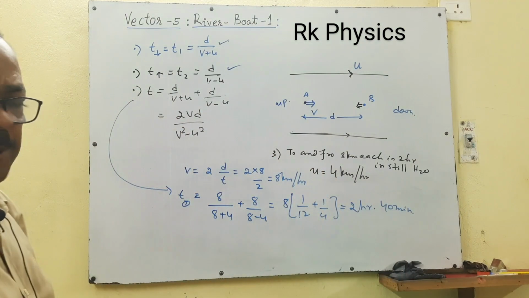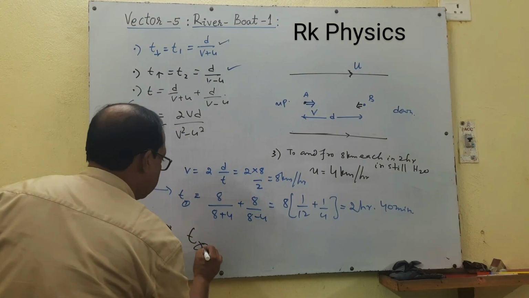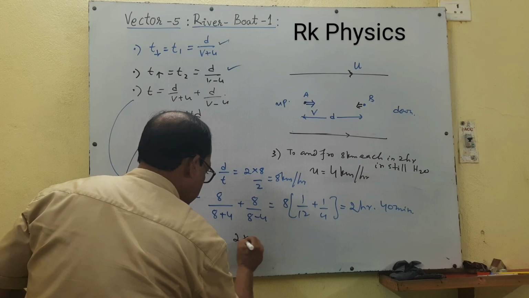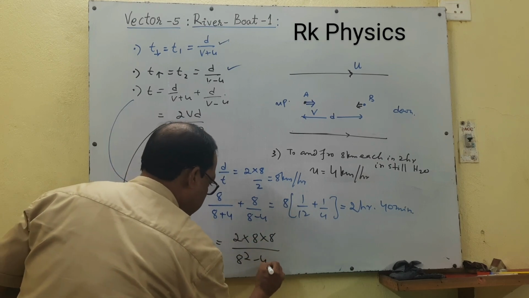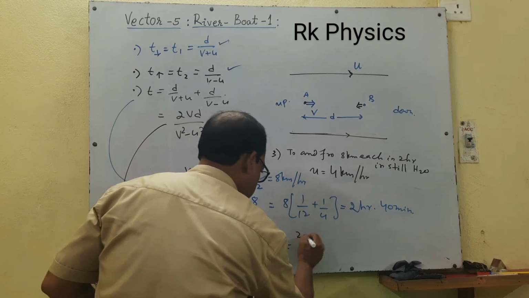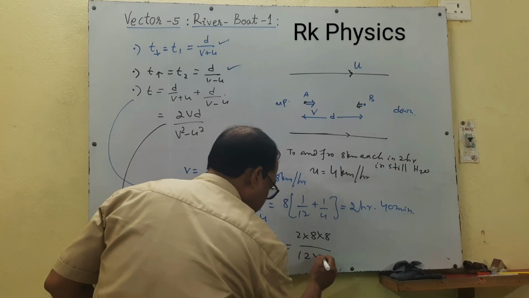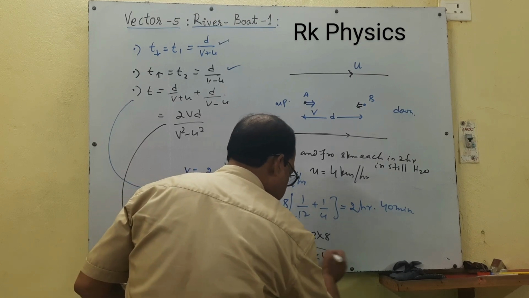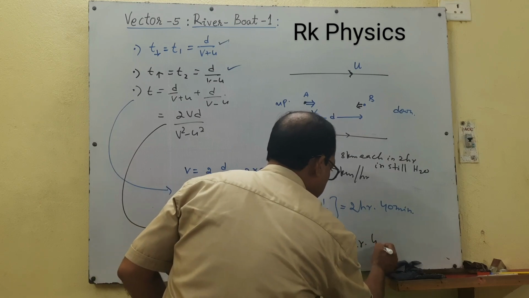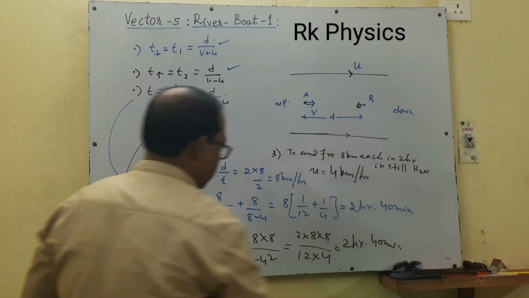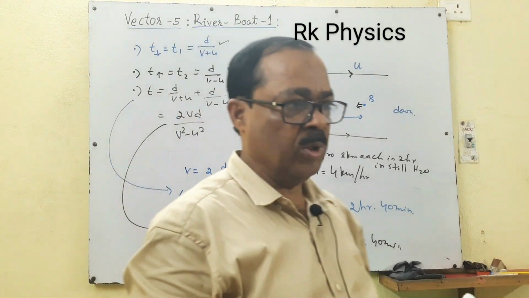If you take this formula, the same thing, t round is 2 into 8 into 8 divided by 8 square minus 4 square. This is 2 into 8 into 8 by 8 plus 4, which is 12, and 8 minus 4, which is 4. Then you will get again the answer 2 hours 40 minutes. So this is the application of your third formula.